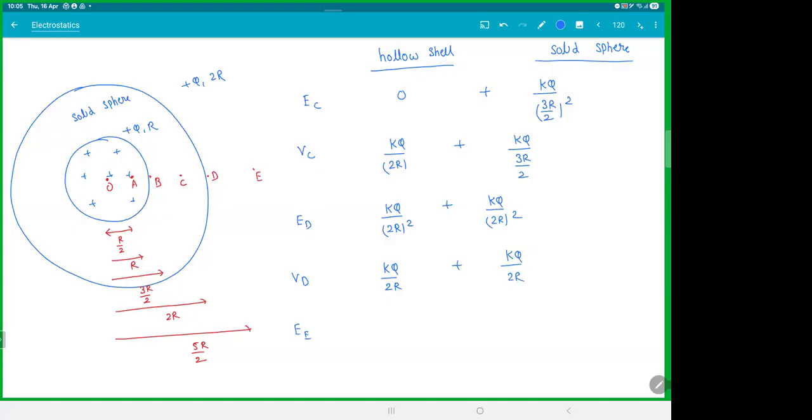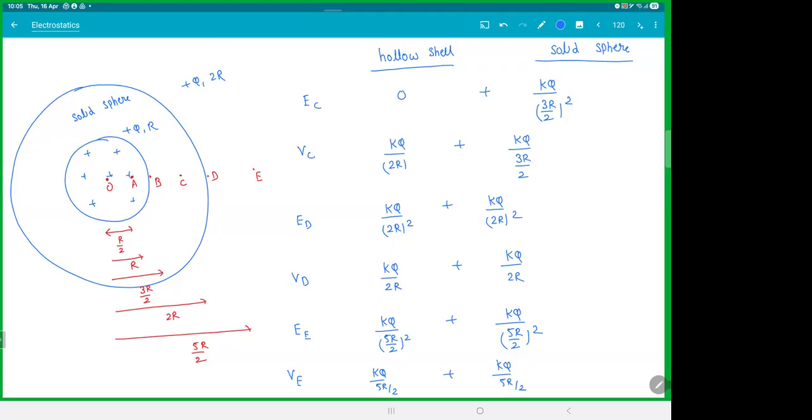So field at E, KQ by 5R by 2 whole square. Potential at E, KQ by 5R by 2, KQ by 5R.